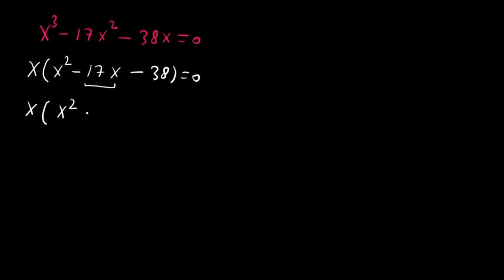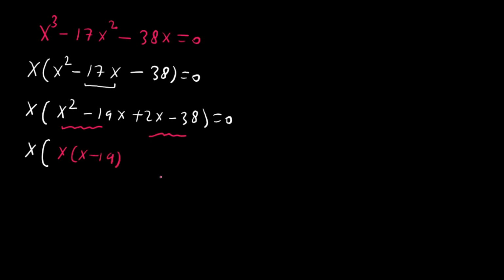Minus 17x is the same as minus 19x plus 2x minus 38, and this is equal to 0. Then here, x times, look carefully at these two terms. If we take x common, then here x minus 19, and here if we take plus 2 common, then x minus 19, and this is equal to 0.